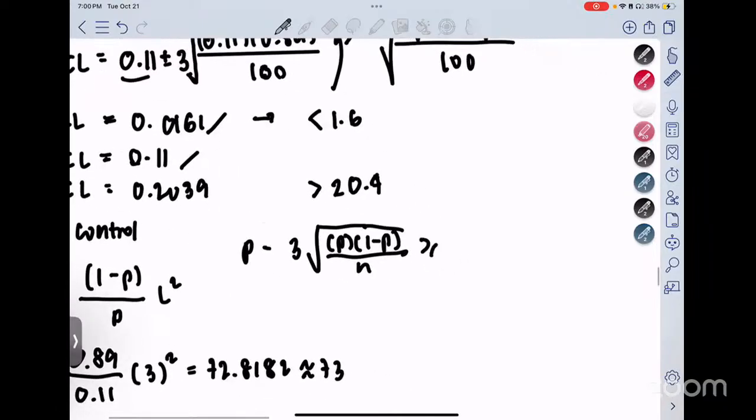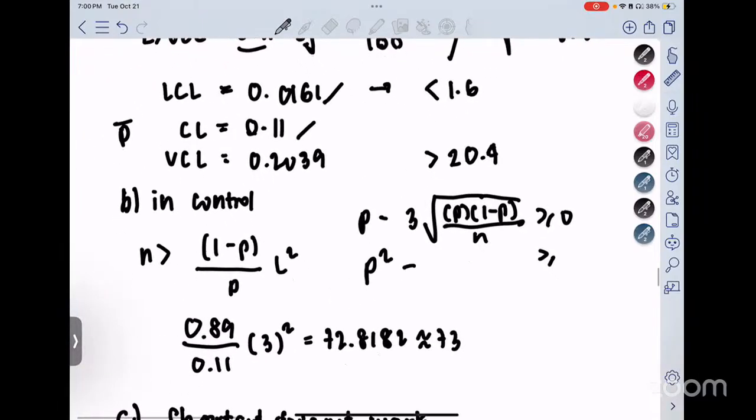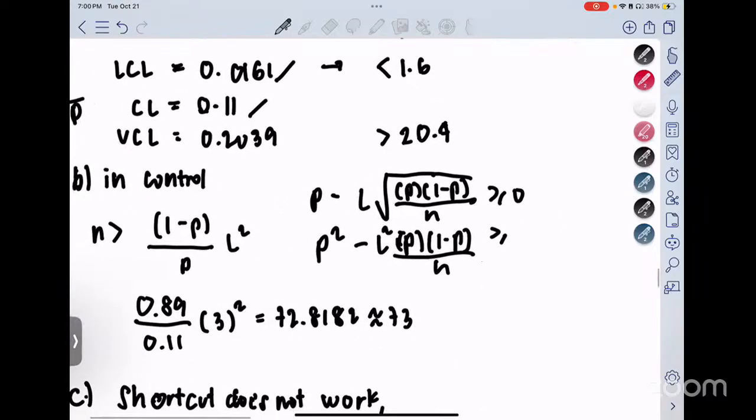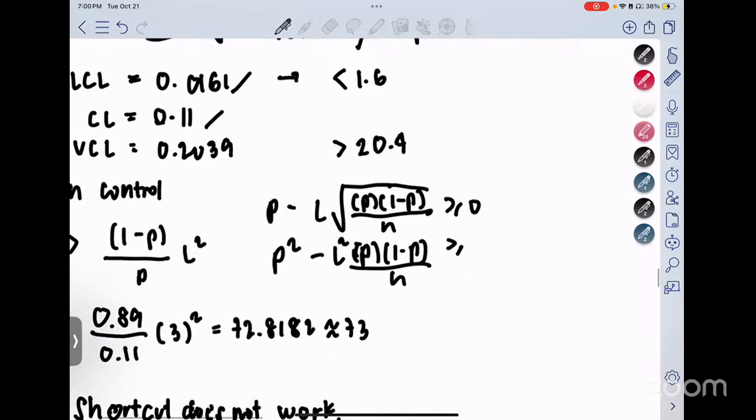You want this to be greater than or equal to 0. So moving stuff around, you get P squared. This is just L, then this becomes 1 minus P. Then you move it around.